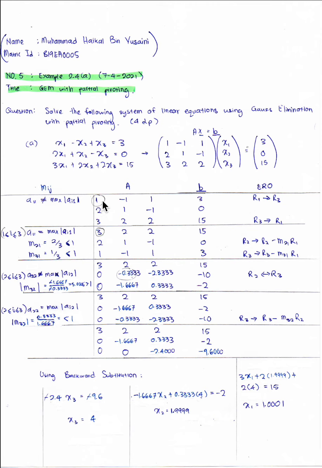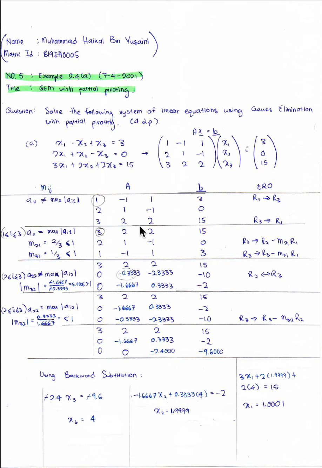This is the lowest value, so we must change it. Let's change it with row 3. We get the new matrix here, and the first pivot follows the rule, which is the maximum in the column.